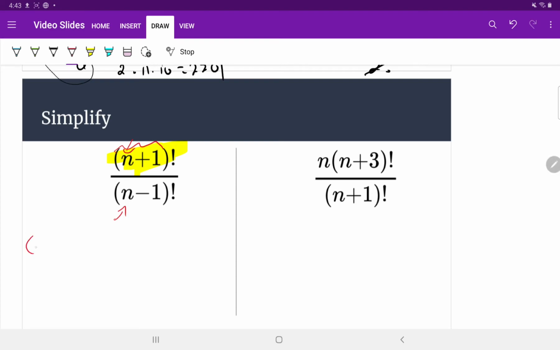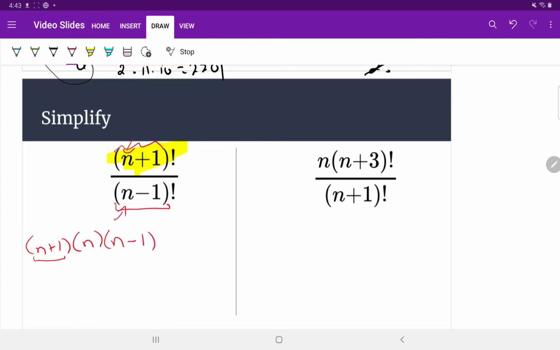So I'm going to start expanding the n plus 1. So n plus 1, and then I'm going to do 1 less than n plus 1. So if I take 1 away from this expression here, that just leaves me with n. I still haven't matched up with this, so I'm going to expand again. So I take 1 away from n, and what does that look like? Hey, that just looks like n minus 1.